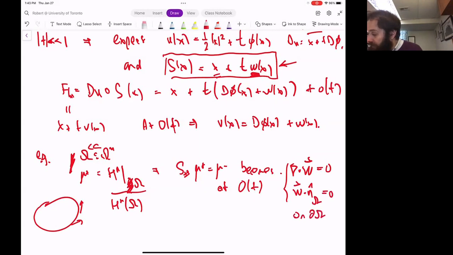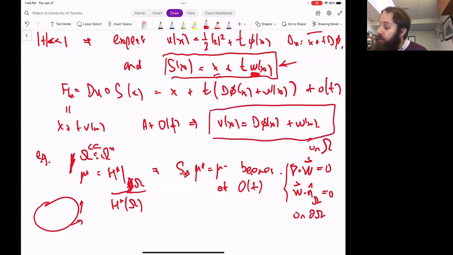So the first line is on all of omega, and you have this kind of normal component of the vector field vanishing on the boundary. And so at this order, what Brenier's theorem tells you is that you can write an arbitrary vector field as a gradient plus something divergence free.